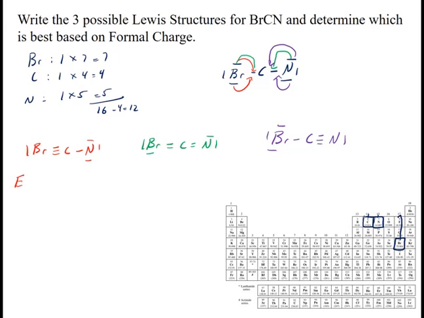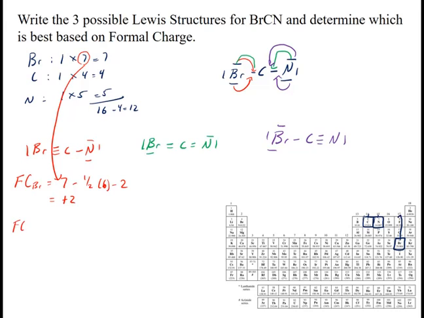So the formal charge of bromine is going to be 7. Again, this number is the same as that number. Minus 1/2 of, I've got 2, 4, 6 electrons. And I've got 1 lone set of electrons, so that's 2. So 7 minus 3 is 4, minus 2 gives me 2. That's a plus 2.